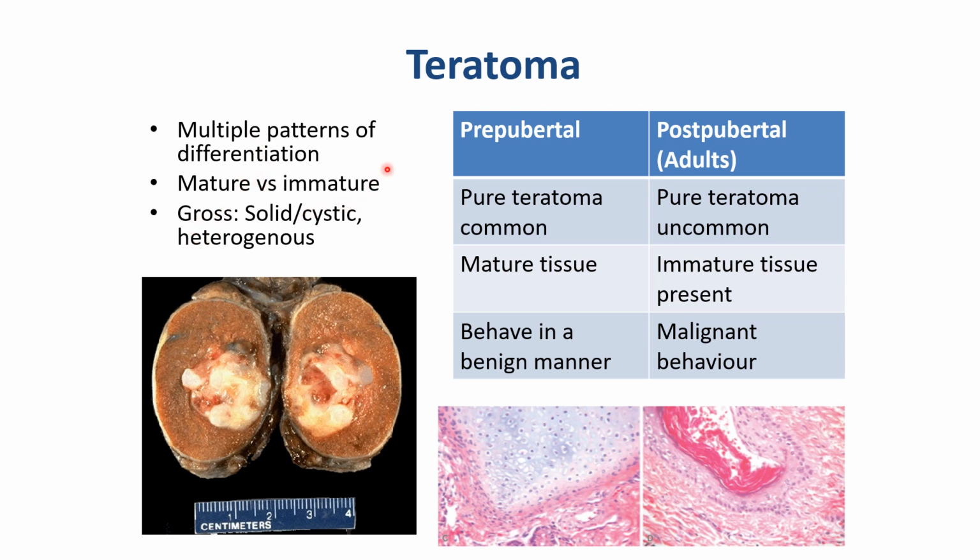So what we see is essentially various types of tissue within the tumor. For example, you can see squamous epithelium with keratinization resembling skin. You can see cartilage. You can see bowel mucosa within the tumor. As a result, the gross appearance also tends to be heterogeneous because of this variable differentiation.